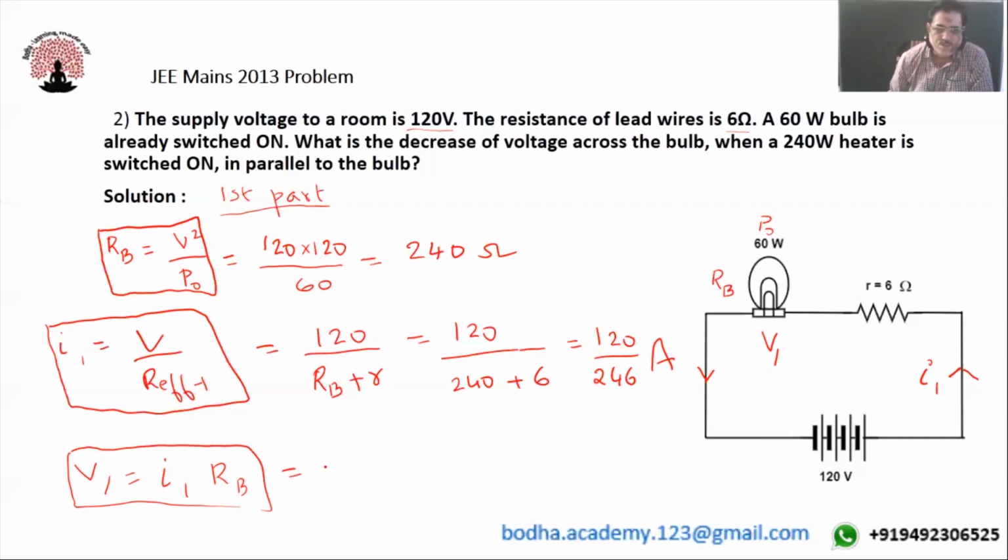So that's I1, which is 120 by 246, into the resistance of bulb we determined as 240 ohms. On simplification we'll get 117.7 volts.